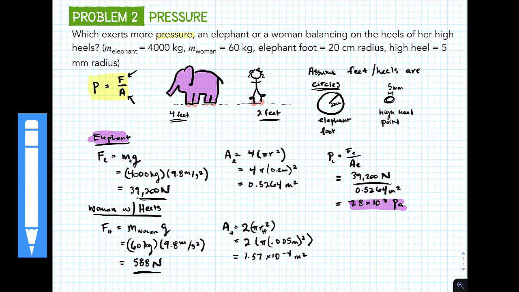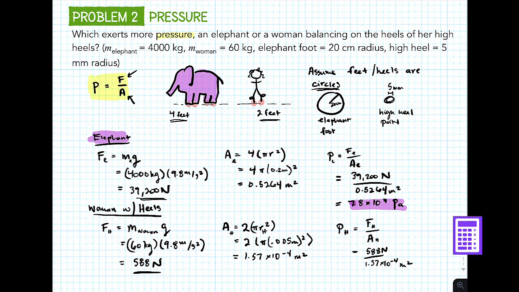And so once again, we're going to find the pressure of the heel, and that's going to be force of the woman over area of the heel. So that's 588 newtons divided by 1.57 times 10 to the negative 4 meters squared.